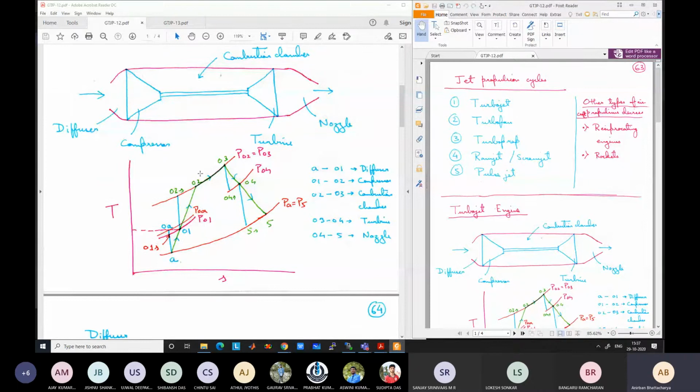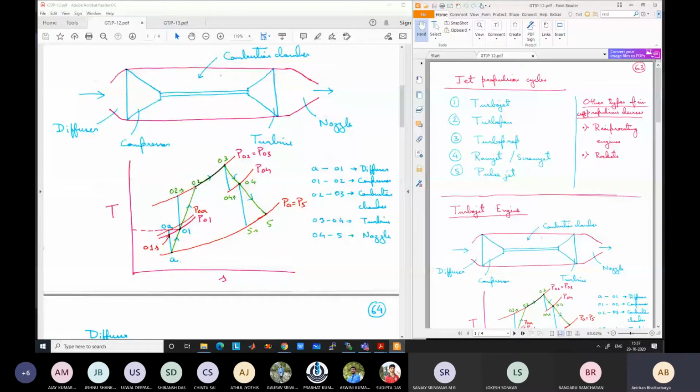Okay. And this was the TS diagram. This we have discussed, or we had just started discussing this, I guess, for the turbojet engine. Okay. So the first part we will discuss in detail is the diffuser. Then from 01 to 02 is the compressor. This you already know because we have already studied industrial gas turbines, where 02s is the ideal or isentropic process and 02 is the actual point that we reach.